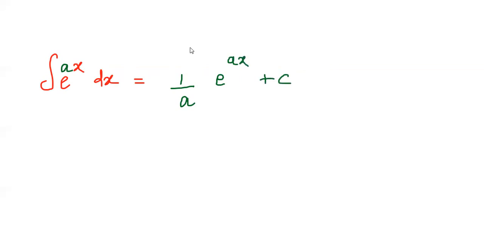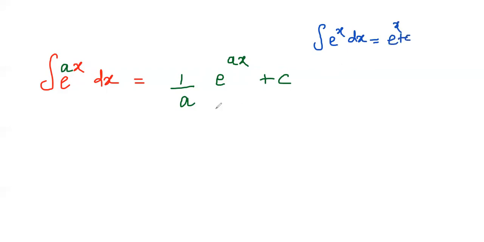So the integration of e power x dx is e power x only, but there is a formula: e power ax dx is equal to 1 upon a times e power ax plus c. This is the appropriate one. Because here you have e power x dx, the answer is e power x plus c.